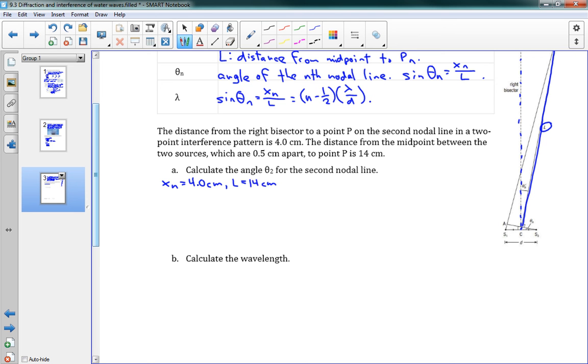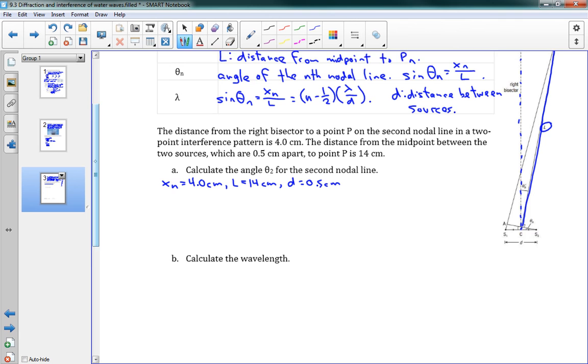And it told us one other piece of information, the distance between the two sources. That's D, 0.5 centimeters. I didn't write that in the equation up here, so I'll say here D is the distance between sources.